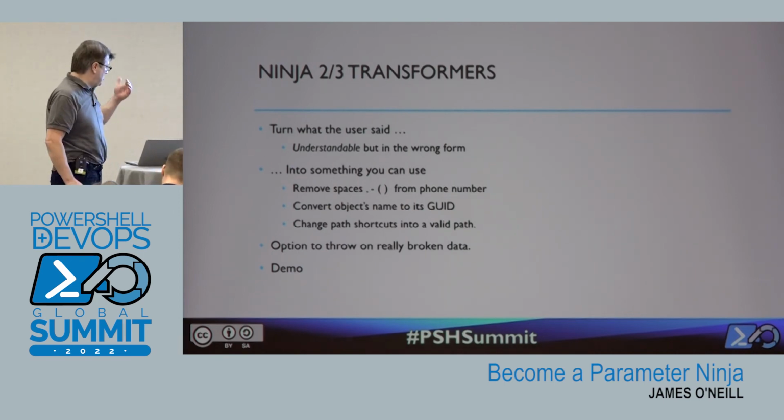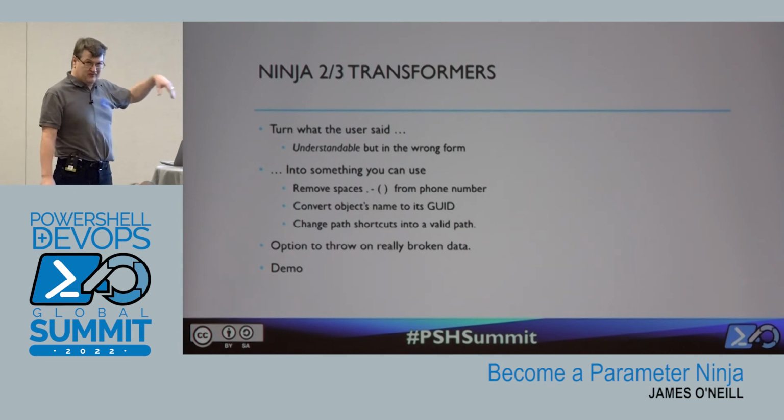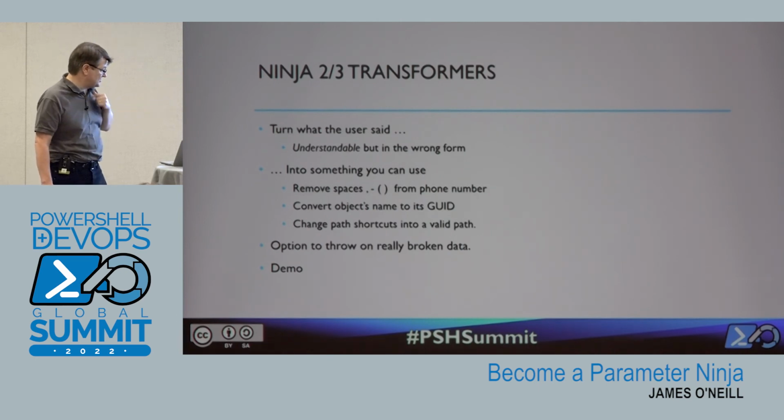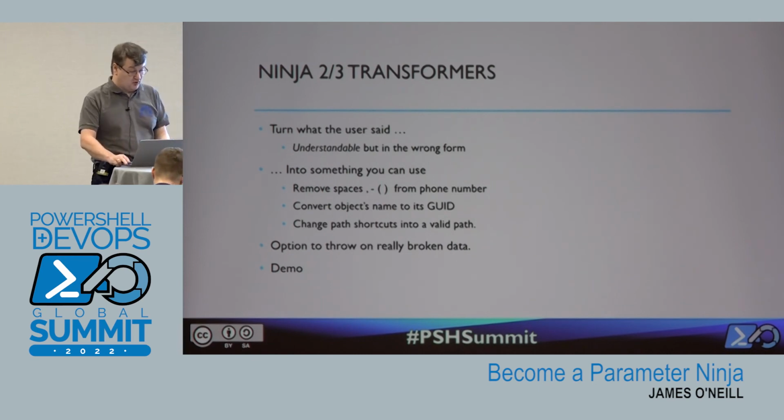So we might want to take spaces out of a phone number or credit cards, convert an object from a name to a GUID, change shortcuts. I've got a really nice argument completer that I use with CD and various other commands that will let me put in shortcuts for different paths on the system. And if the transformer can't make sense of it, there's always the option to throw.